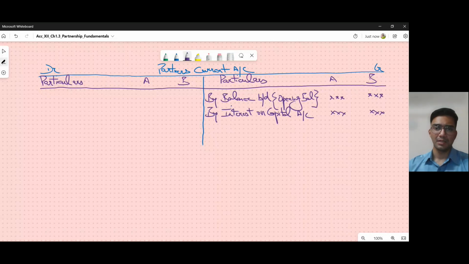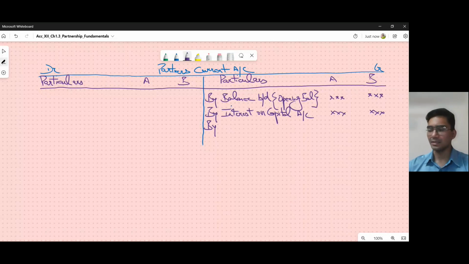Whatever may be there. When we calculate interest on capital, where do we calculate it? We calculate it in a P&L appropriation account. That's how we show it there. So the same amount we will also be writing in the partners' current account under this entry. The third entry: what else do we give partners? We give them a salary.